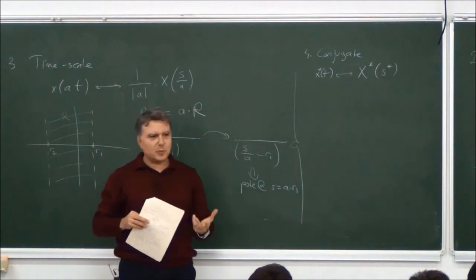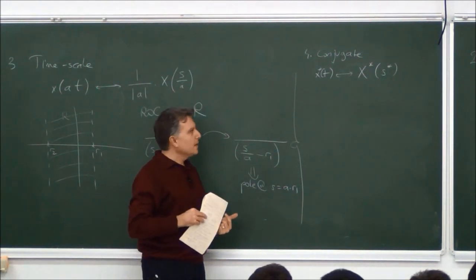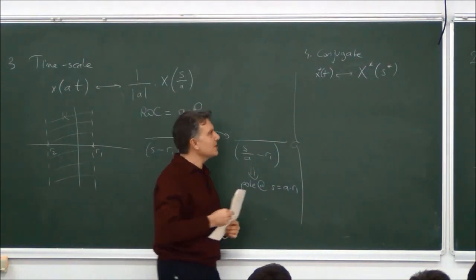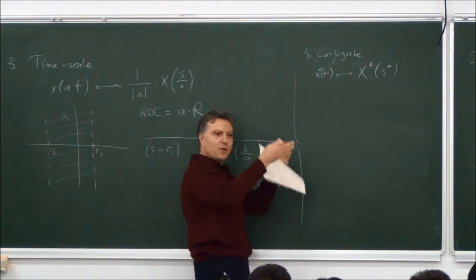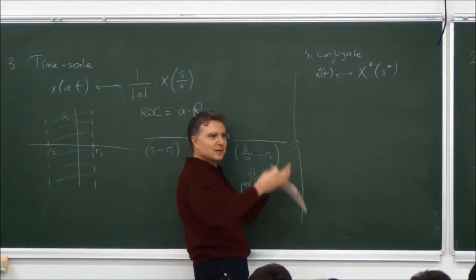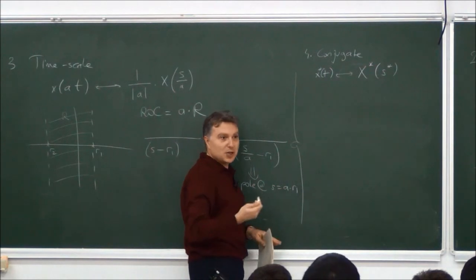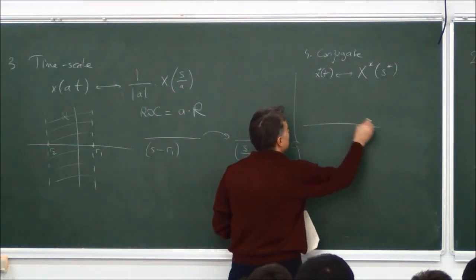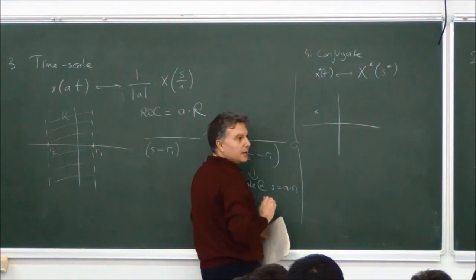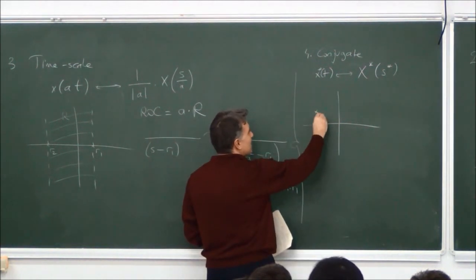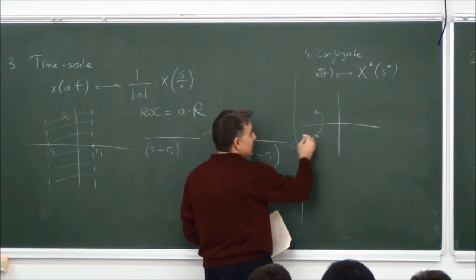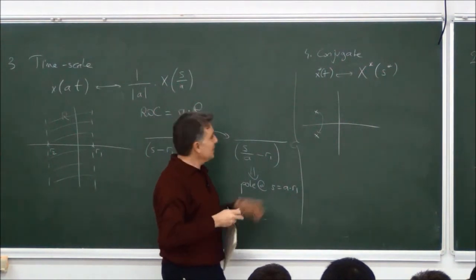And since the real part is not affected, the region of convergence is not affected either, because the regions of convergence are determined by the real parts of the poles, which doesn't change. For example, previously the pole was here. By conjugation, probably the pole will be here. The real part will not change.